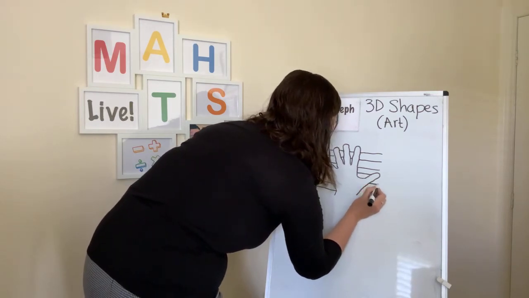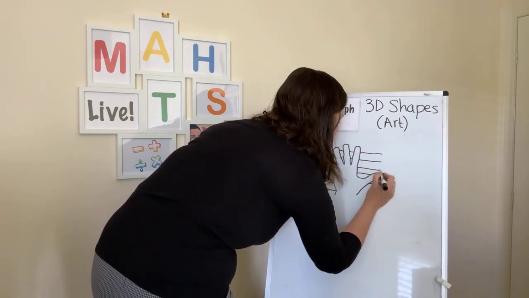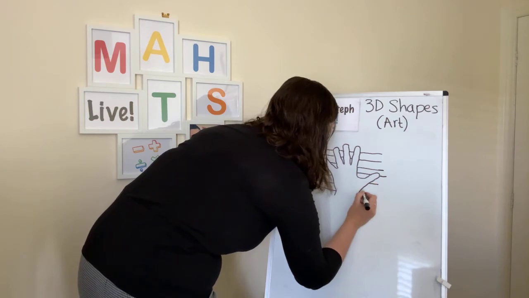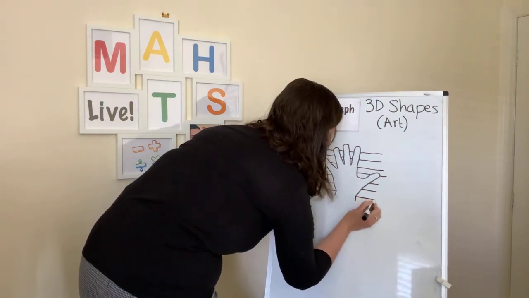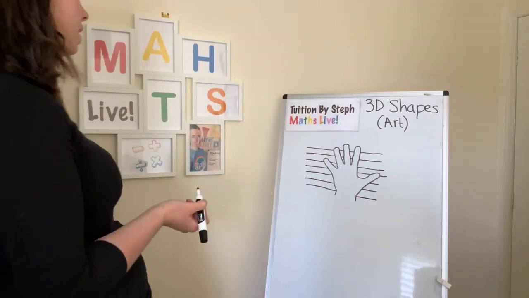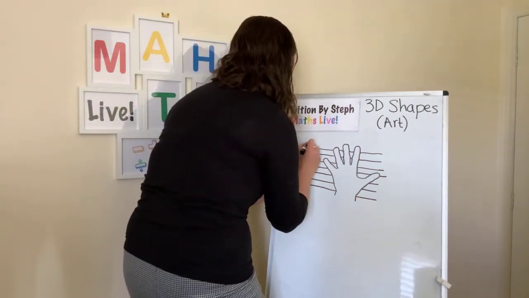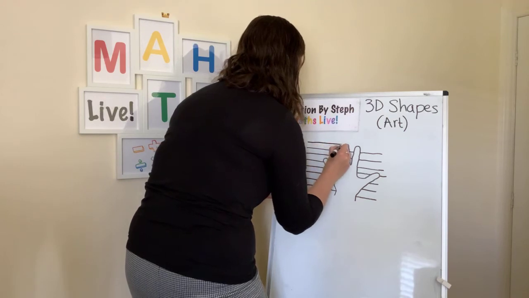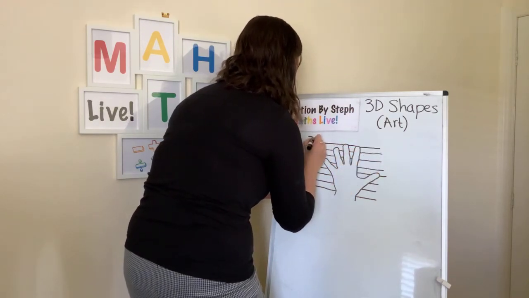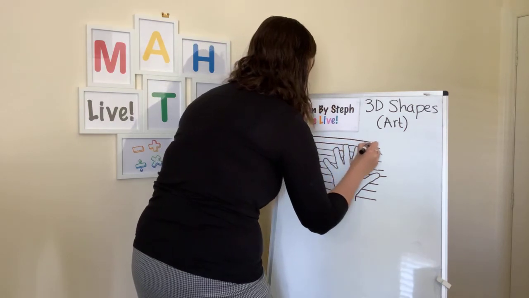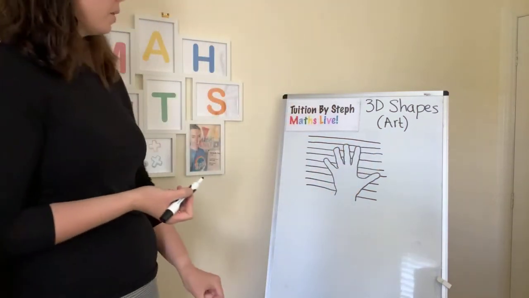That's going to come through and go right through as well. I'll just put my wrist in there. So something like that. Might do one at the top as well. So I want it to try and go through all of the hand.